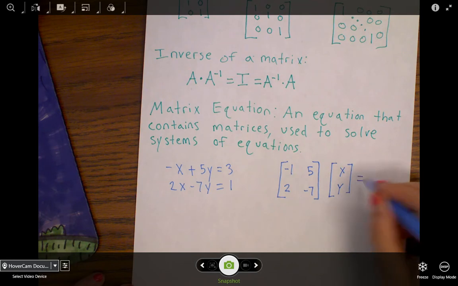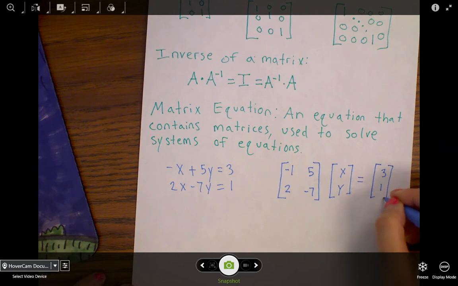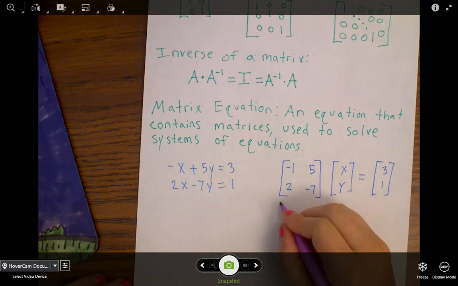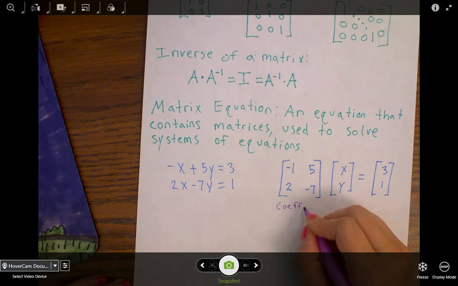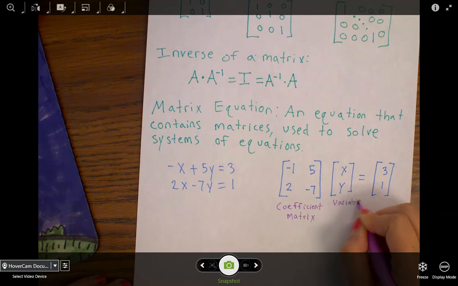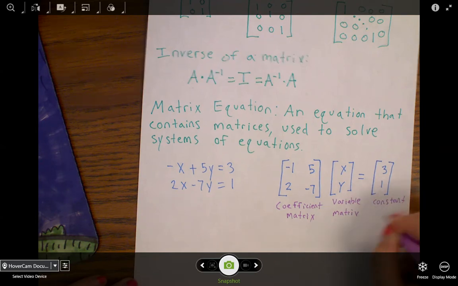And lastly, we're going to have our constant matrix. That would be a matrix equation. It is comprised of matrices, and we could then use that to solve. So we have our coefficient matrix, our variable matrix, and our constant matrix.